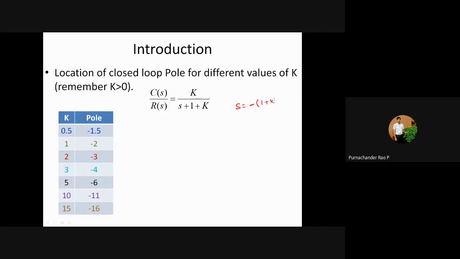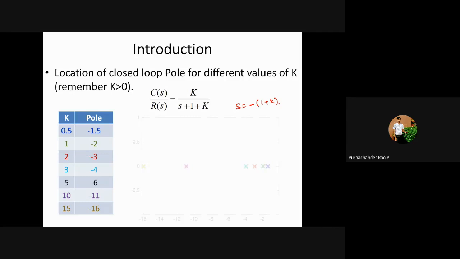Therefore, if K is equal to 0.5, the pole is located at minus 1.5. If K is equal to 1, the pole is located at minus 2.